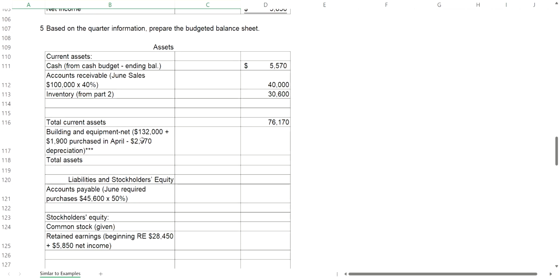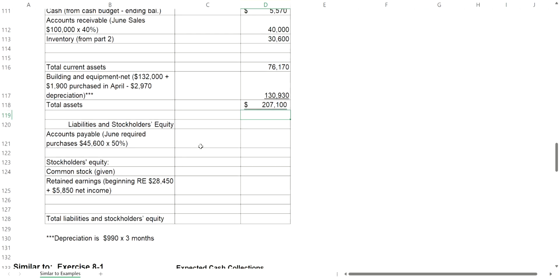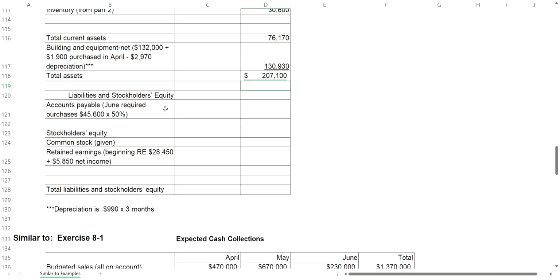So 132, your beginning equipment balance, plus 1,900, the equipment purchased in April, minus the depreciation expense, gives you a net amount for equipment of $130,930. Okay, add the current assets plus the long term, and your total assets are $207,100.